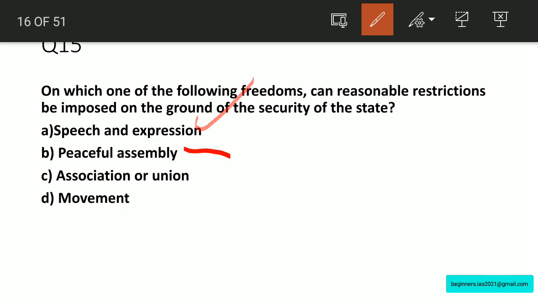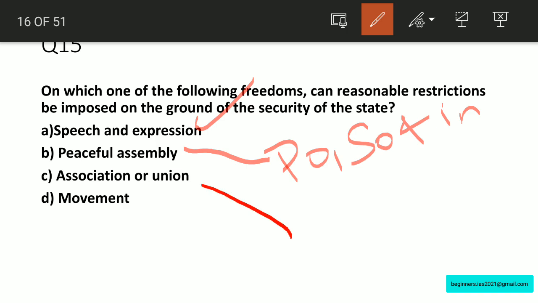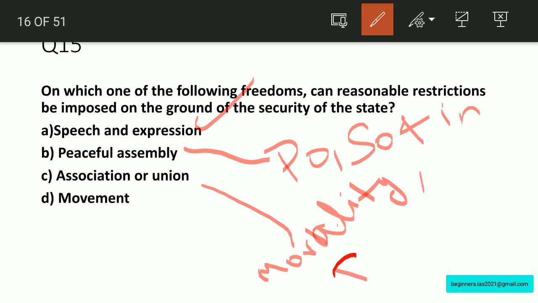If you take association, the reasonable restrictions are like morality, public order and sovereignty and integrity of India.